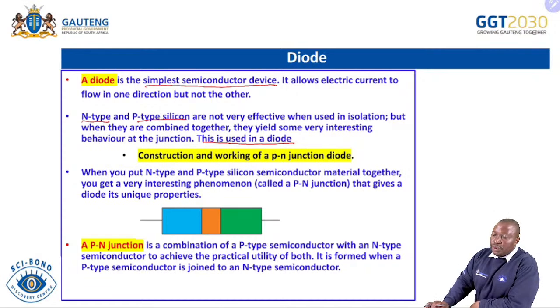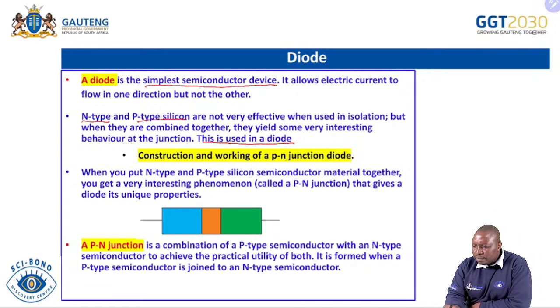Now, how do we construct this diode? Construction and working of a PN junction diode. When you put the N-type and the P-type silicon semiconductor material together, you get a very interesting phenomenon called the PN junction. So we're going to look at the PN junction. That gives a diode its unique properties.